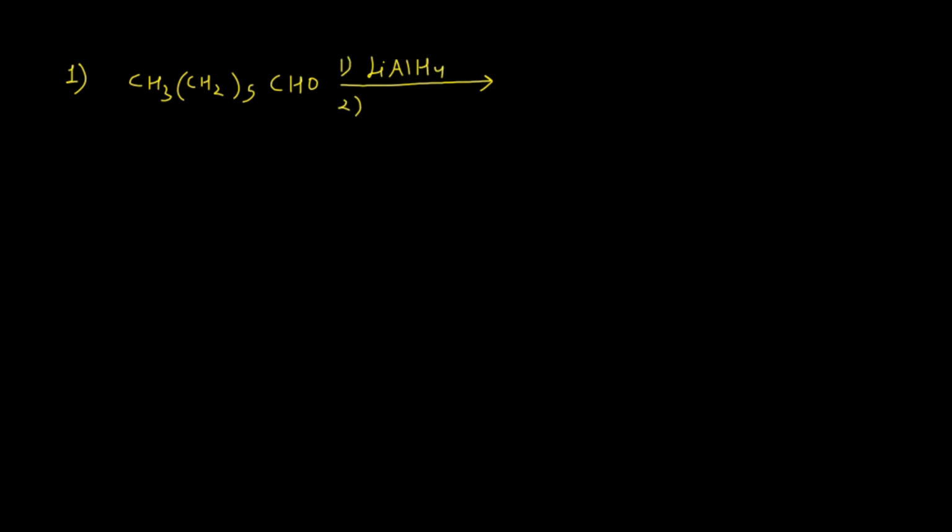In the second step, you will do the protic workup, and you will take in that case ether, or you can say THF. So what will happen? Your carbonyl compound will be reduced into the alcohol. So your product would be CH3, CH2 5 times, and then you are having CH2OH.